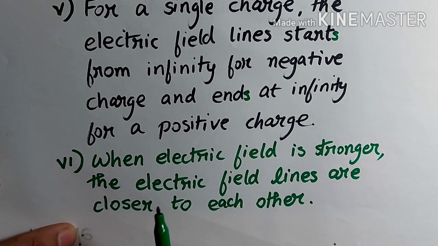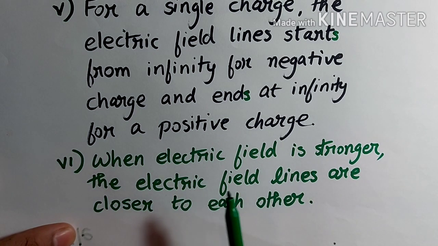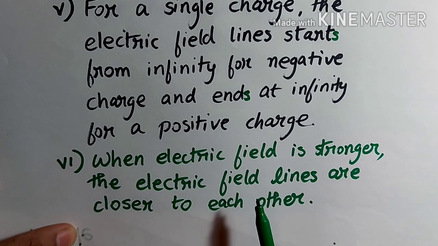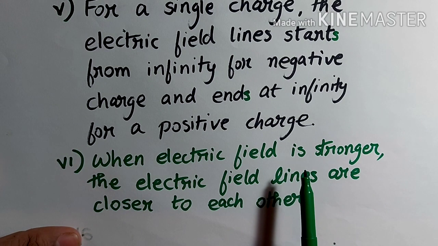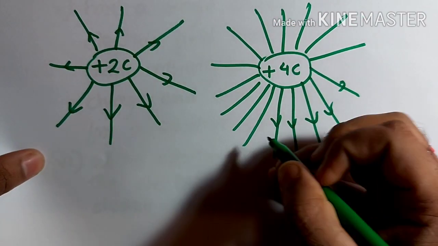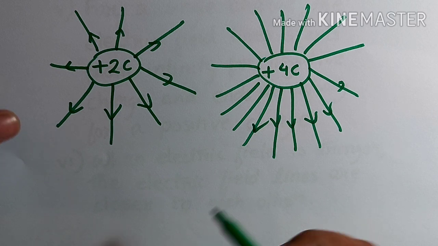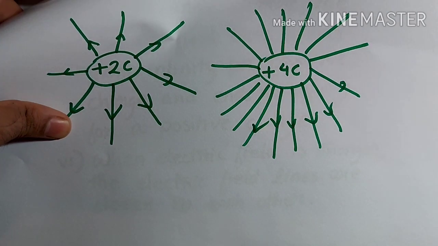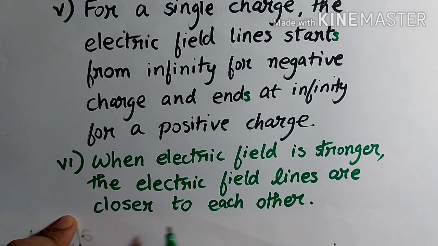when the electric field is stronger, the electric field lines are closer to each other. This says that the electric field lines are used to determine the relative strength of electric field intensity. With the increase in charge, the number of electric field lines increases, and this says when the electric field is stronger, the electric field lines are closer to each other.